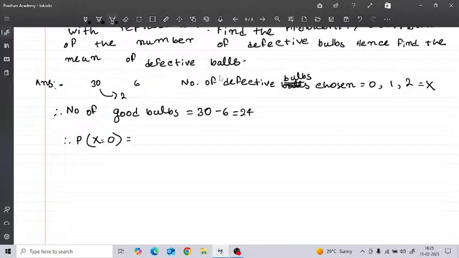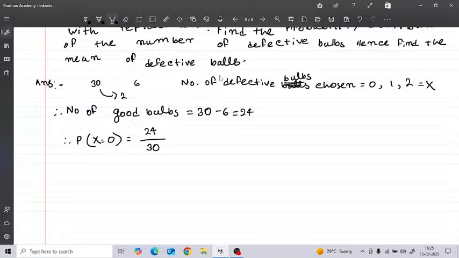No defective bulbs are chosen. So from 30 bulbs, at first I chose a good bulb, that means 24 out of 30.